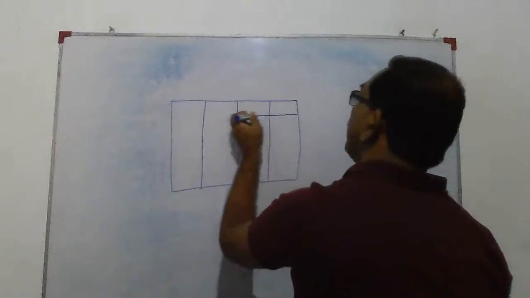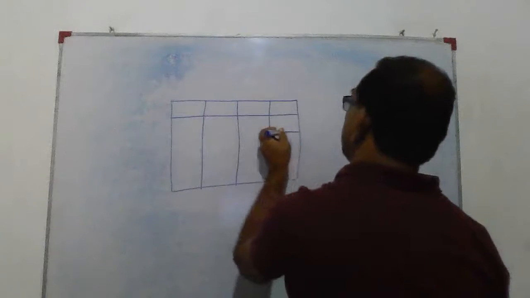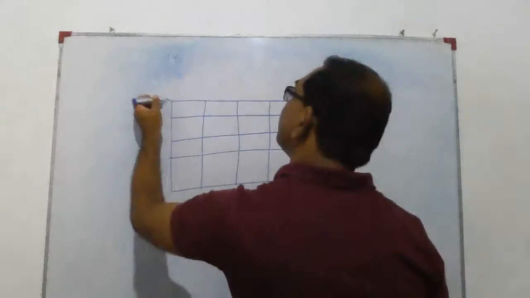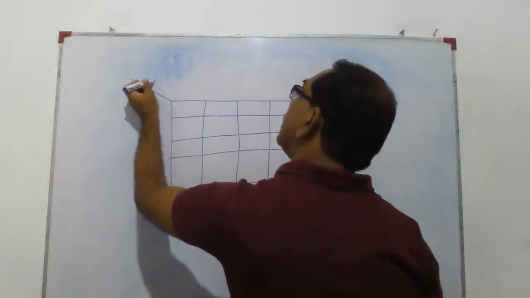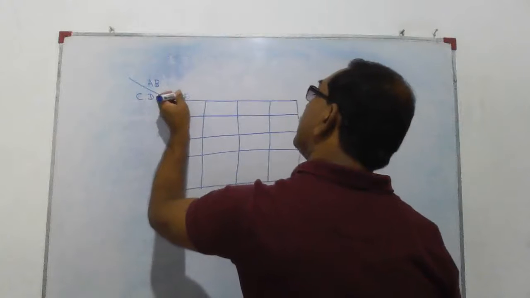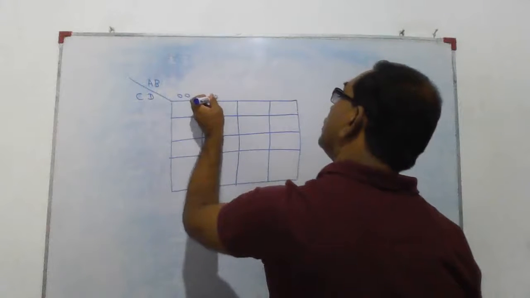We have 16 cells, and here I have A and B and C and D, and the values also.